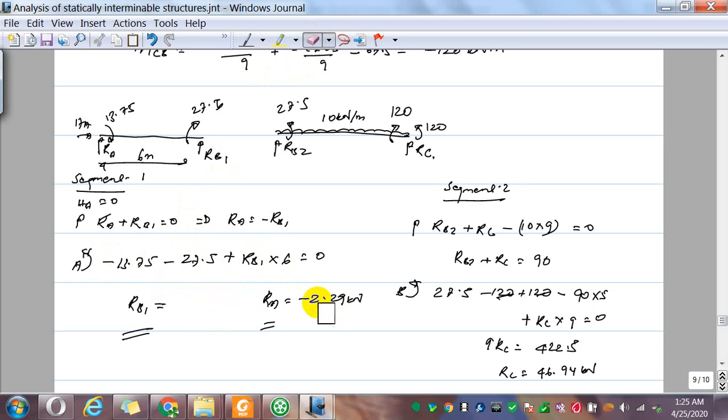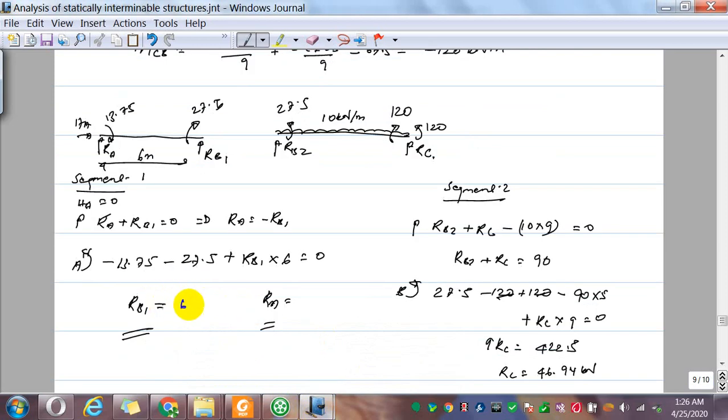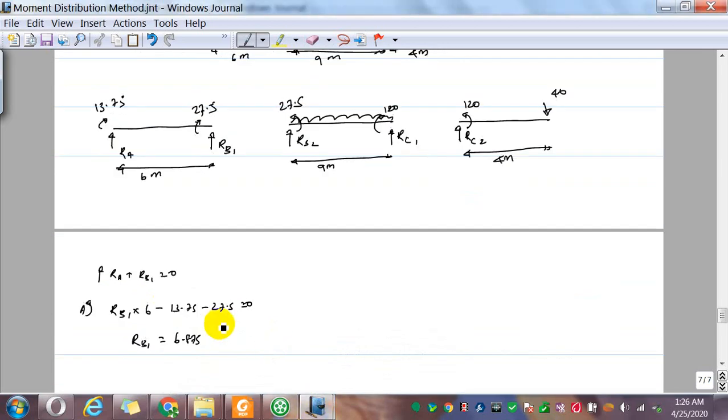In slope deflection also it is 6.875, so RB is 6.875, so minus 6.875. Okay, so RA is minus 6.875 because RA plus RB is 0.